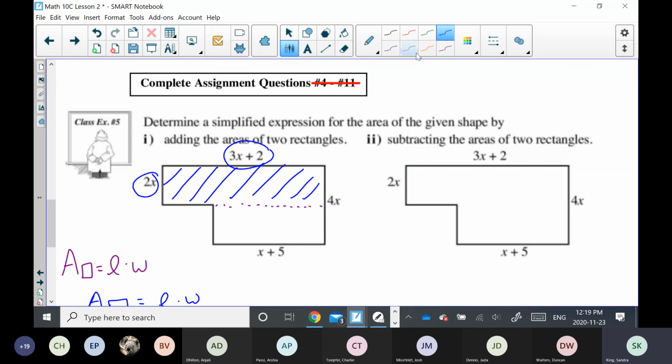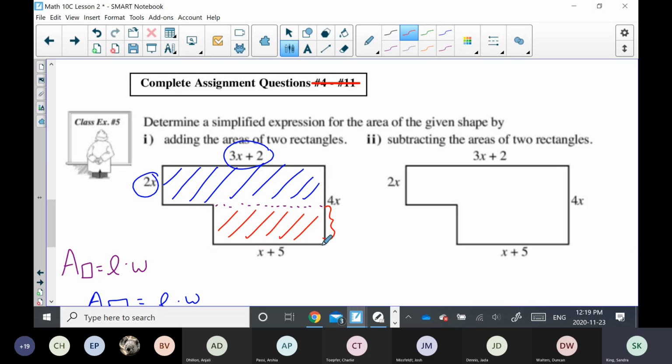Now I need to figure out the area of, let's say, this red. So this is x plus 5. This whole thing was 4x. Does anybody want to unmute their mic and tell me what would this be?